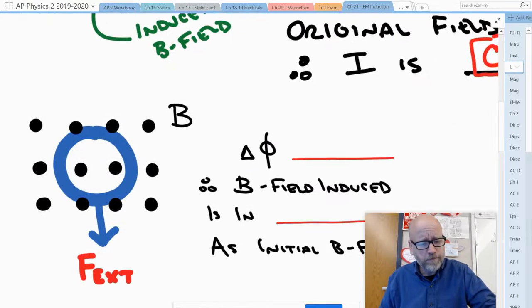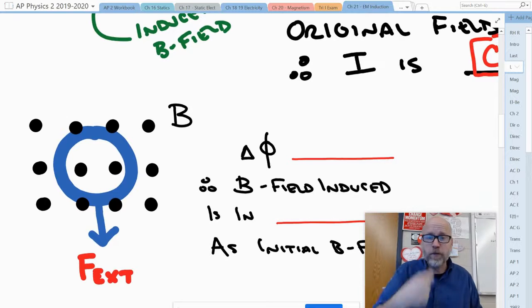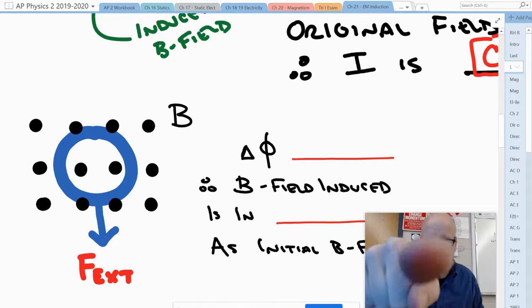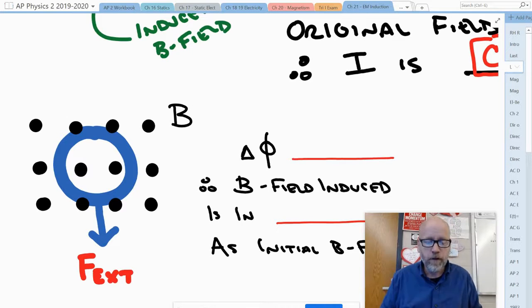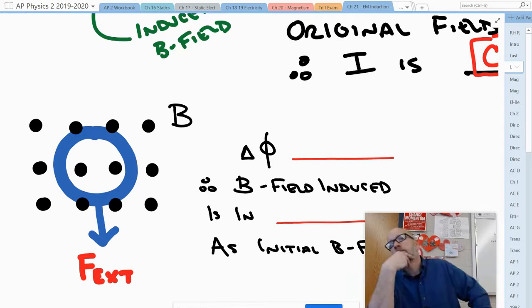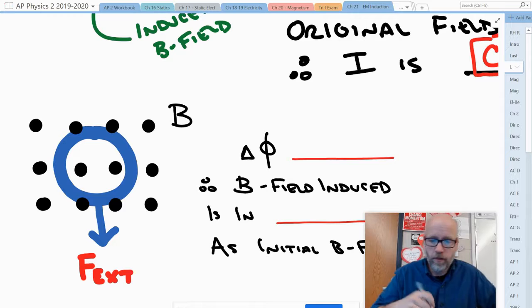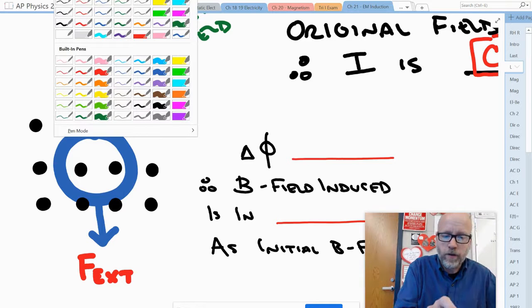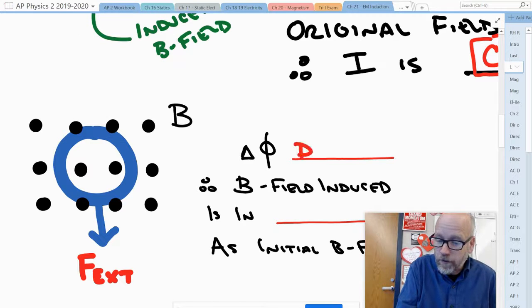Example number 2. There is a B field pointing out of the plane of the paper, so all you see is the dot. There's a loop of wire that starts off in that B field that is then pulled out by some external force. Therefore, the flux is going to be decreasing.